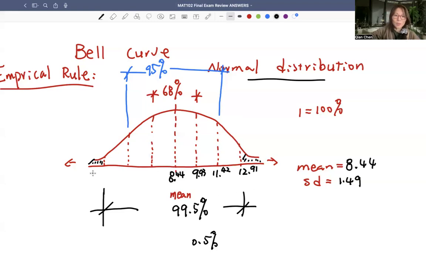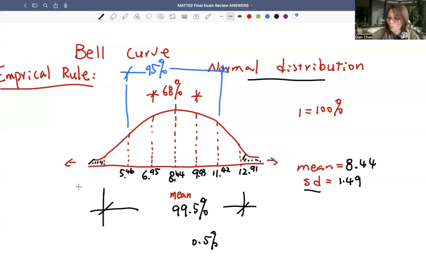Right? So towards the left-hand side, I'm going to subtract. I'm going to do 8.44 subtract 1.49. This value should be 6.95. Let's subtract another 1.49, that's 5.46. So what I'm doing here is, towards the right-hand side of the mean, I keep adding the standard deviation, and towards the left-hand side, I keep subtracting it.